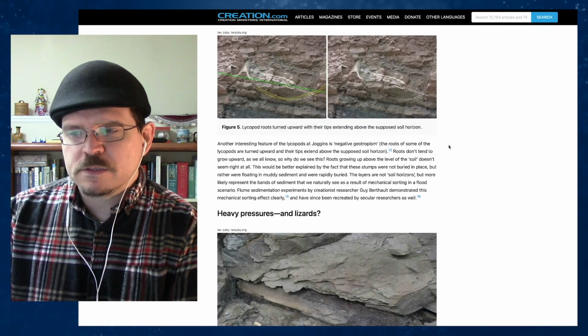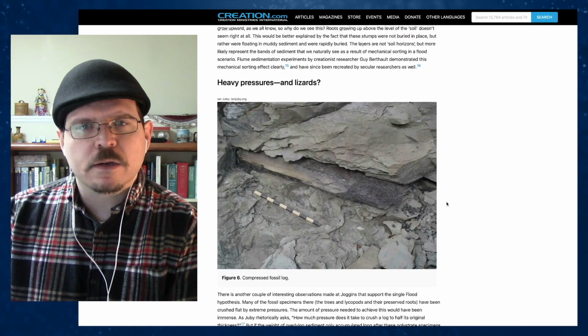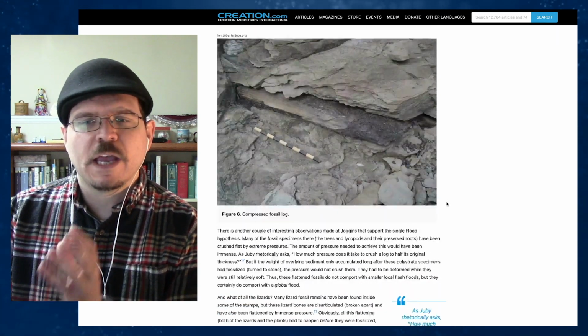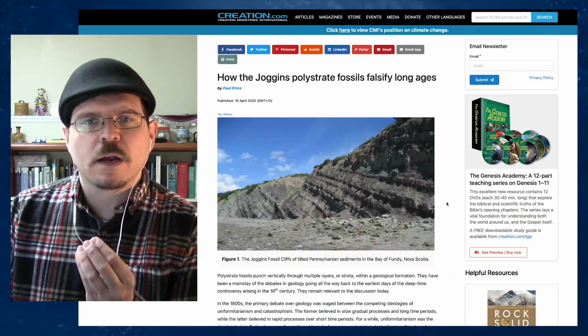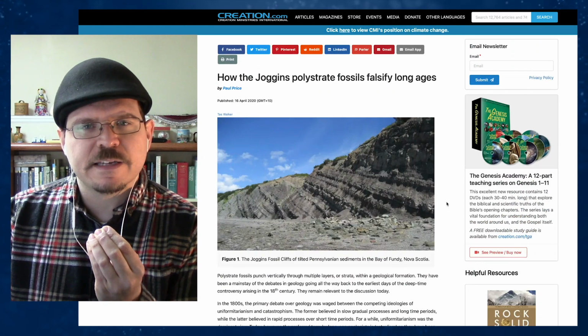For example, some of these trunks we have impressions of them in the rock showing that they are upside down. So that's a problem for the secular explanation here. How do you get these giant things buried upright yet upside down? If it grew in place, it's not going to grow upside down. It must have been transported, at least that one. Exactly.